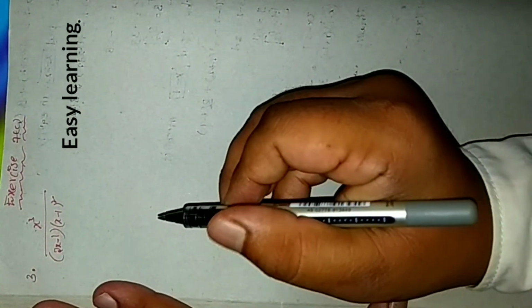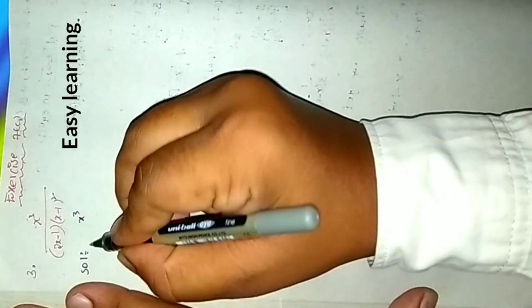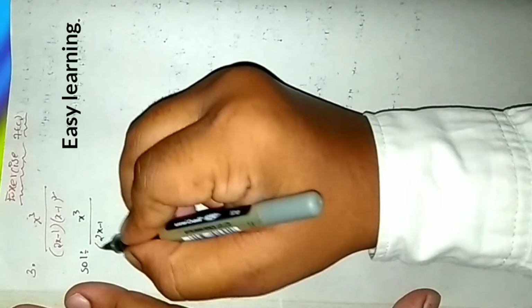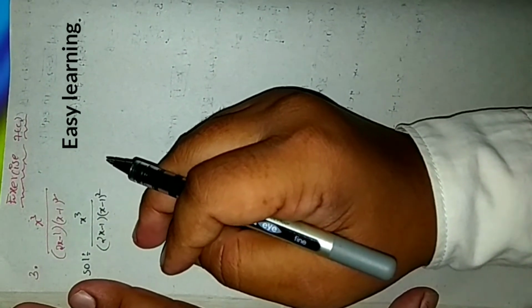See, third problem: x cube by (2x minus 1) into (x minus 1) whole square. Solution: x cube by (2x minus 1) into (x minus 1) whole square. Here the numerator is x cube and the denominator is also x cube, so they are equal.